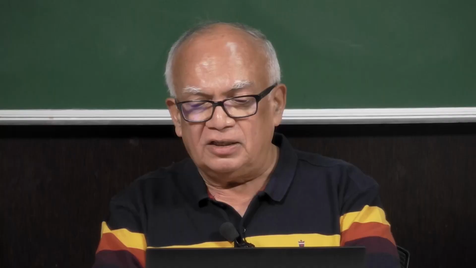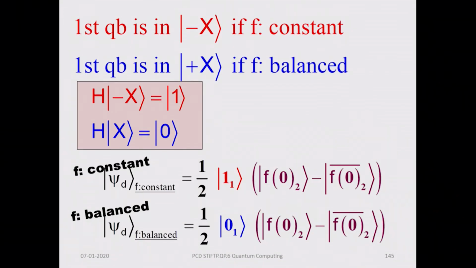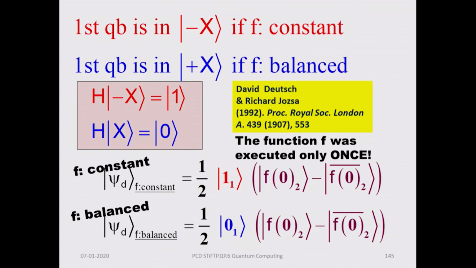Classical digital electronics will not let you do this, whereas the Deutsch gate has achieved it by using the function f only once. So this is the Deutsch algorithm. And there is no classical analog for this. There is nothing in classical digital circuits that you can do to get this result.